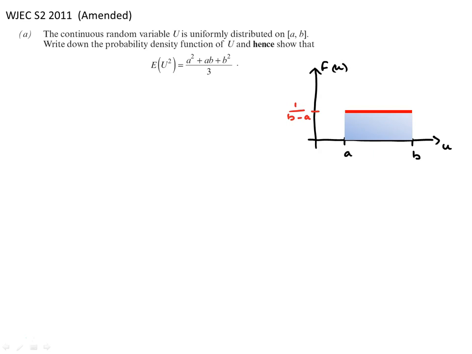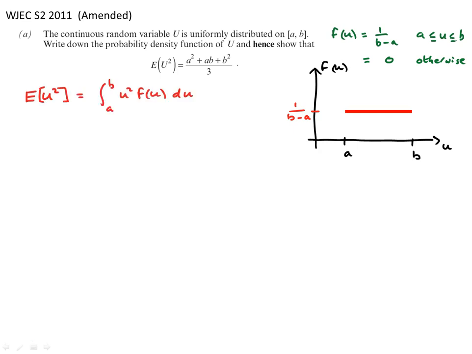So we know that the probability density function for u takes the value 1 over b minus a if u lies between a and b, and it equals 0 otherwise. So we've now got to use that to show that the expected value of u squared is (a squared plus ab plus b squared) all divided by 3.